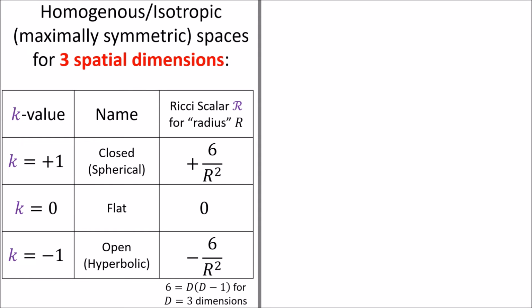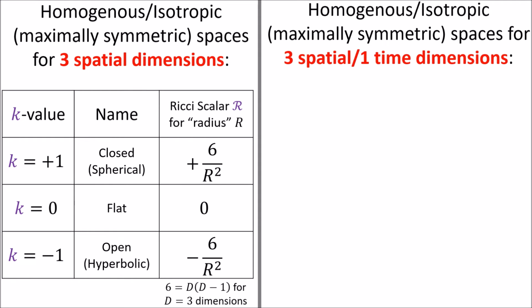In the same way, we can now consider spacetimes that are homogeneous and isotropic, not just over space, but over time as well. So the universe appears to be the same at all times, and the future looks the same at all times, and the past also looks the same at all times.